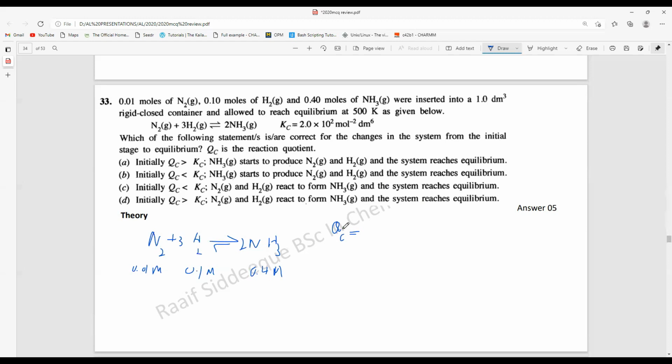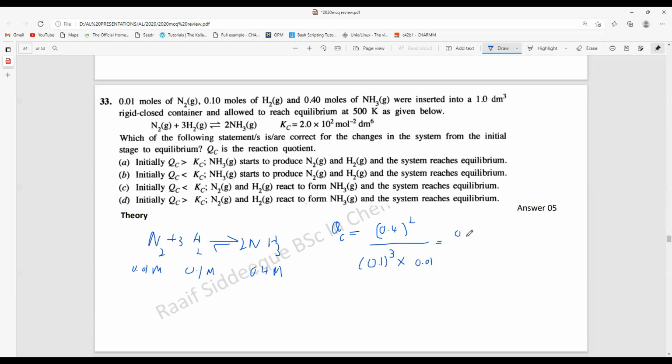So here my initial QC will be 0.4 squared, because the stoichiometry is 2, divided by 0.1 cubed multiplied by 0.01.